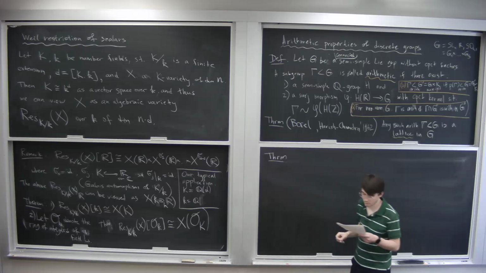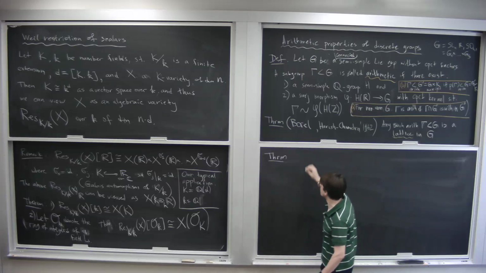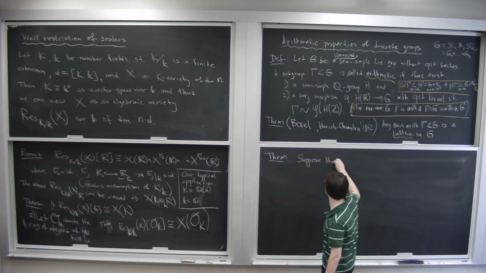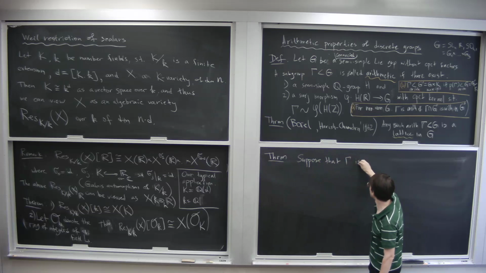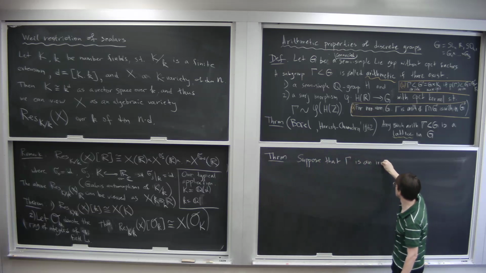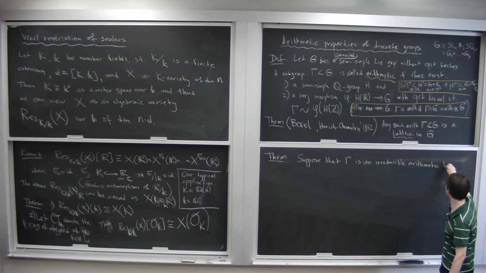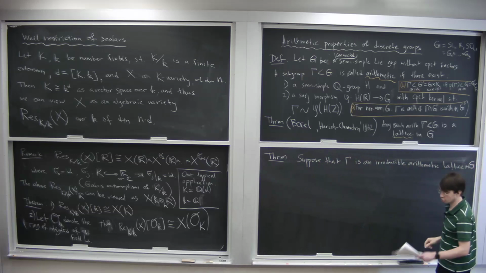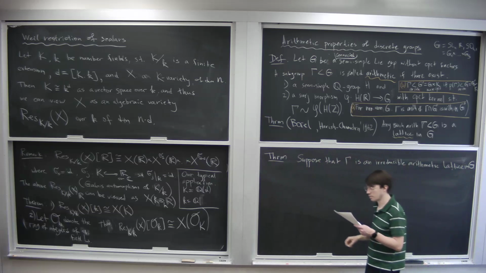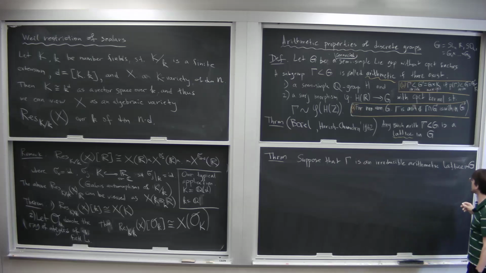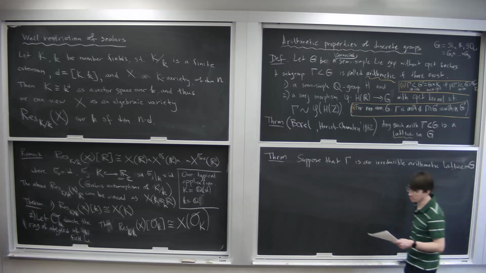So suppose that gamma is an irreducible arithmetic lattice in G. Okay, it's in a connected semi-simple Lie group, but yeah, it's semi-simple.